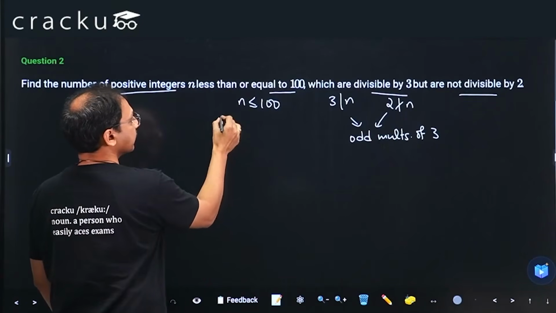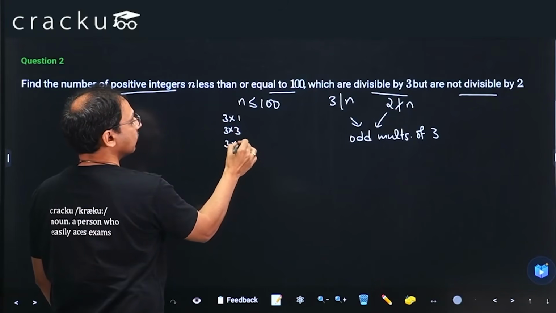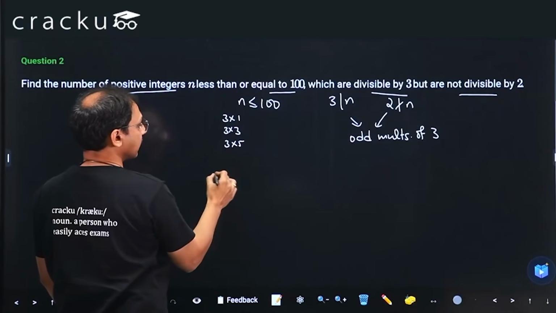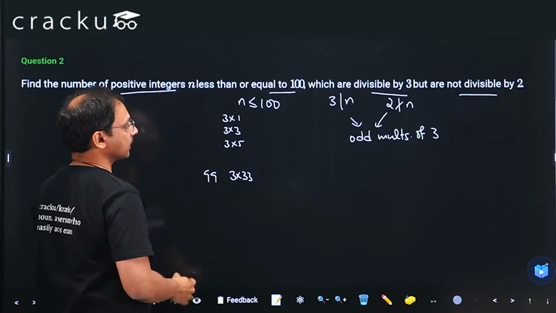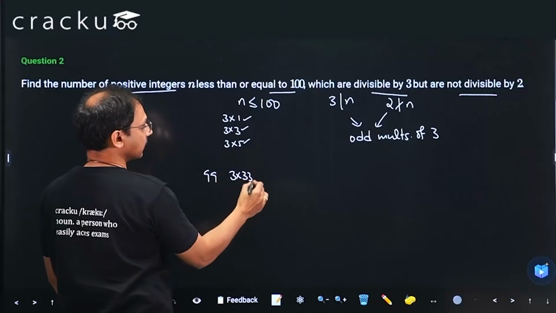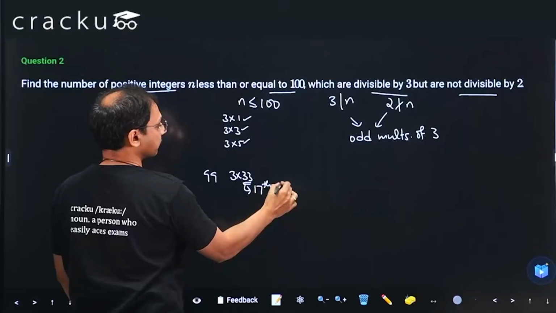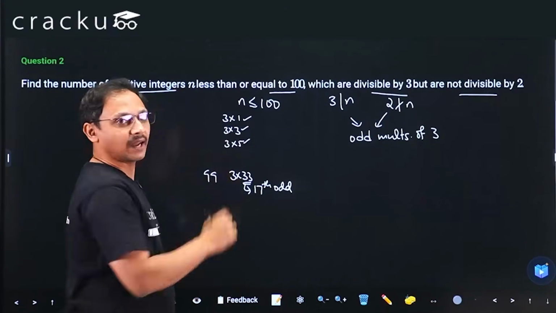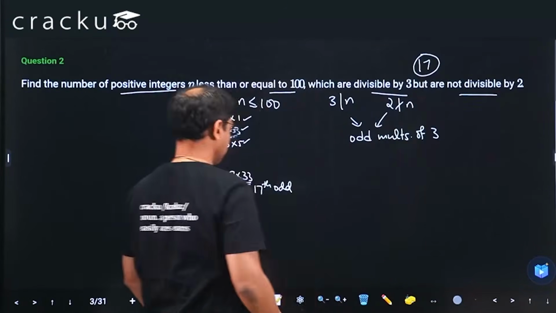So let's find 3 into 1, 3 into 3, 3 into 5. These are the odd multiples of 3. The last odd multiple of 3 is 99, which is 3 into 33. So 1, 3, 5 and so on. These are odd multiples. 33 is the 17th odd number. So we have 17 multiples of 3 which satisfy the condition. So the answer is 17.